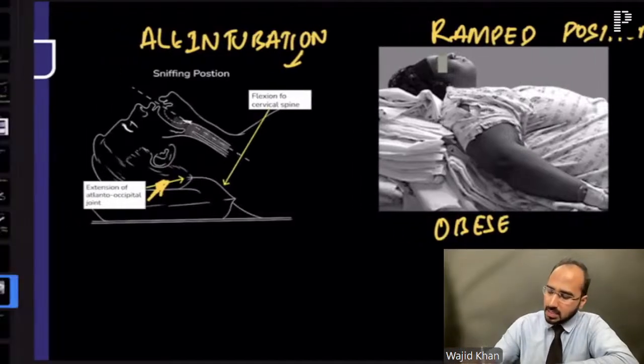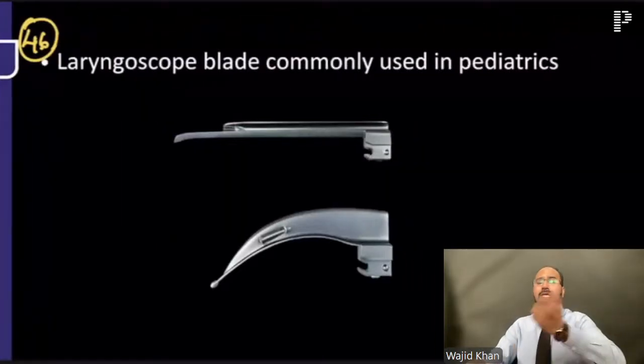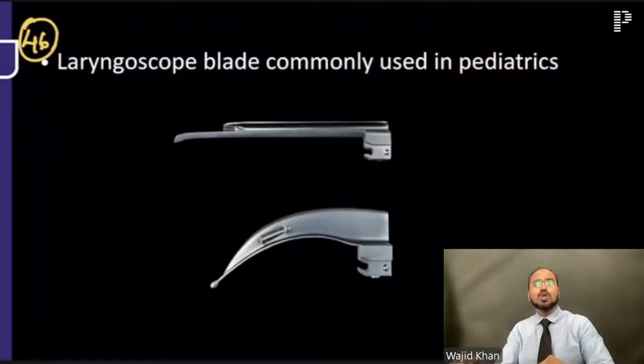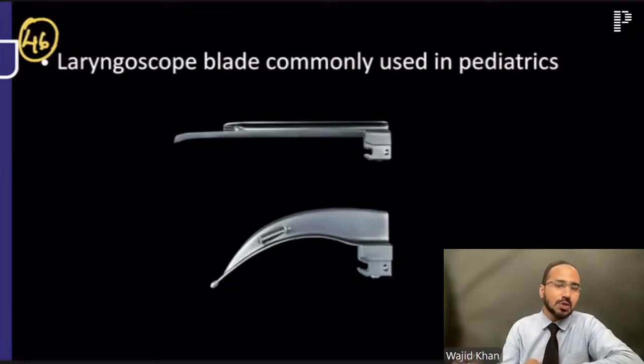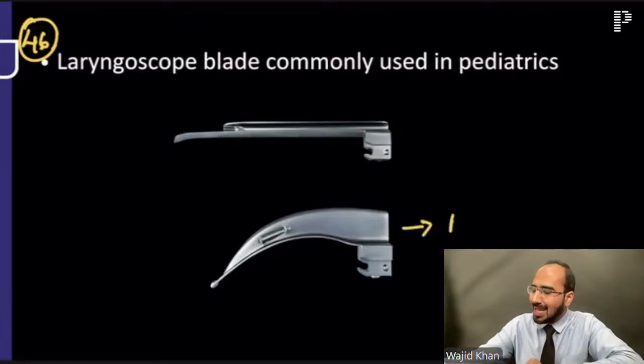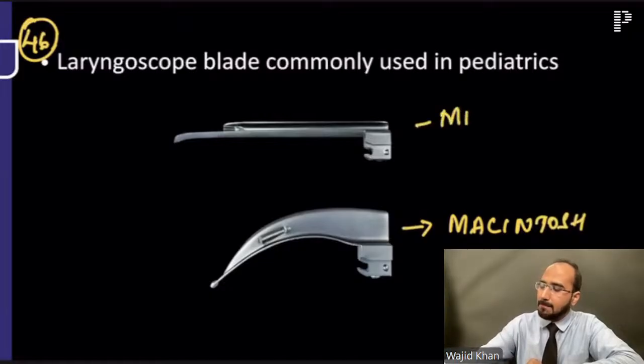Okay. Next, guys. Imagine you are intubating. Now, you take a laryngoscope. He's asking you which laryngoscopy blade will you use in pediatrics. There are two blades in front of you. This is called Macintosh laryngoscope and this is called Miller's laryngoscope.